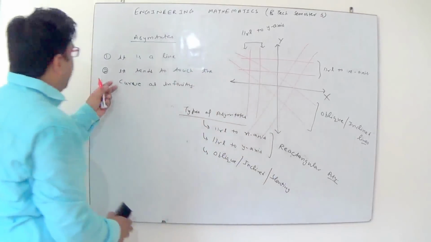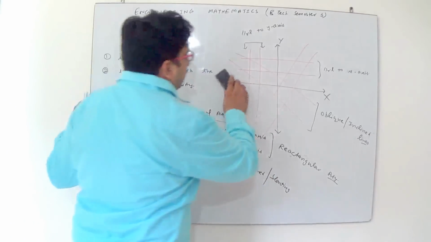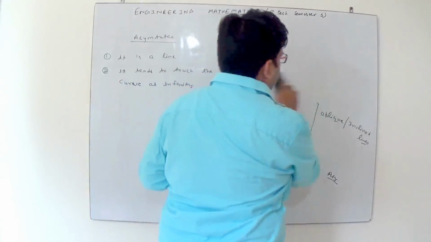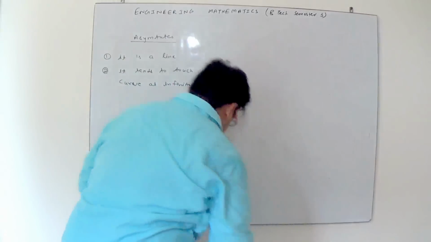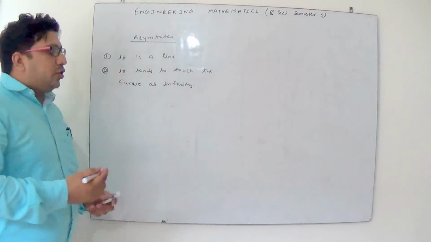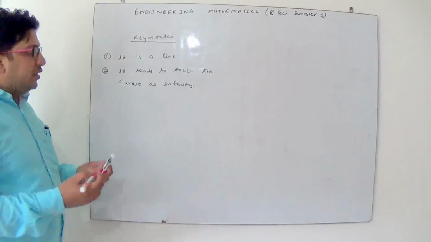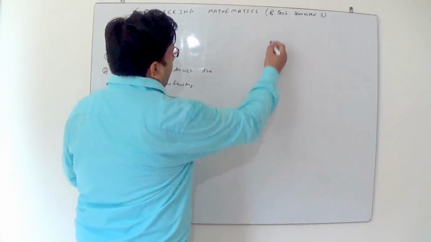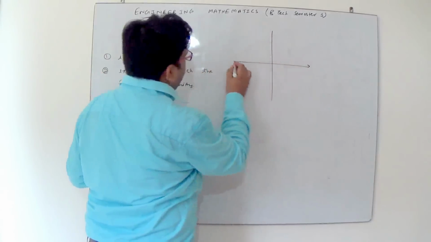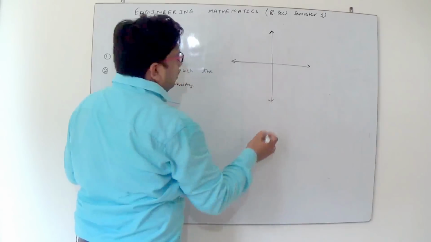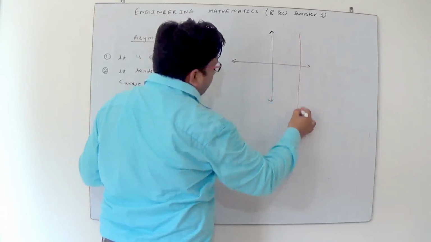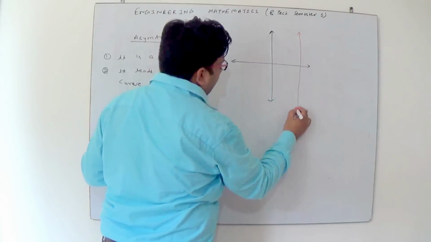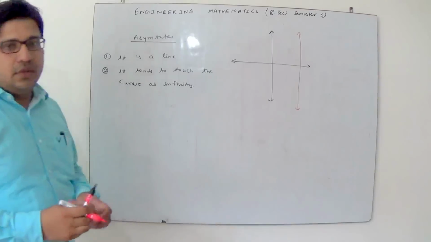Now the second point, it tends to touch the curve at infinity. What does it mean? Let's suppose, again this is the xy plane. Let's suppose this is my asymptote. I have taken asymptote parallel to y-axis.